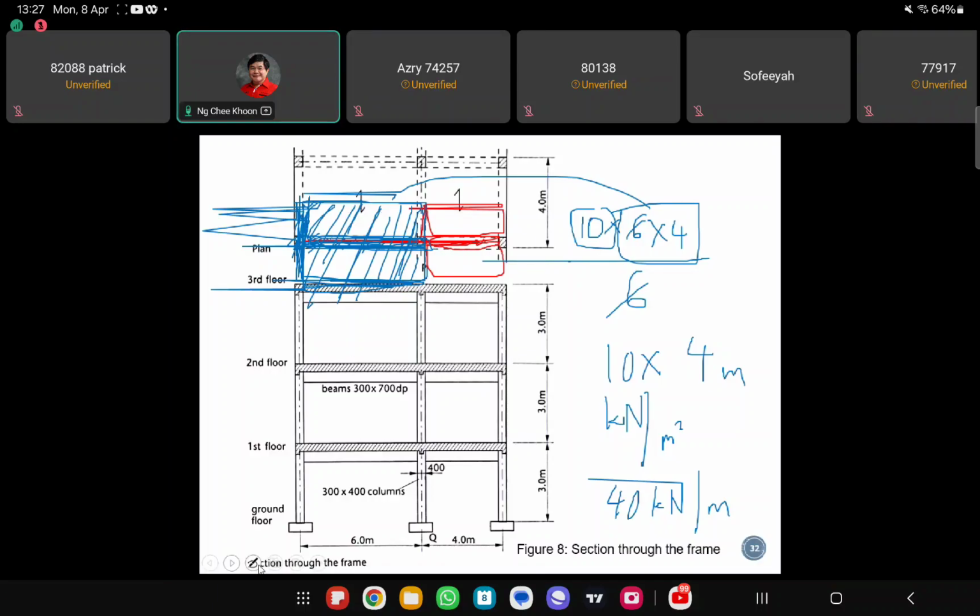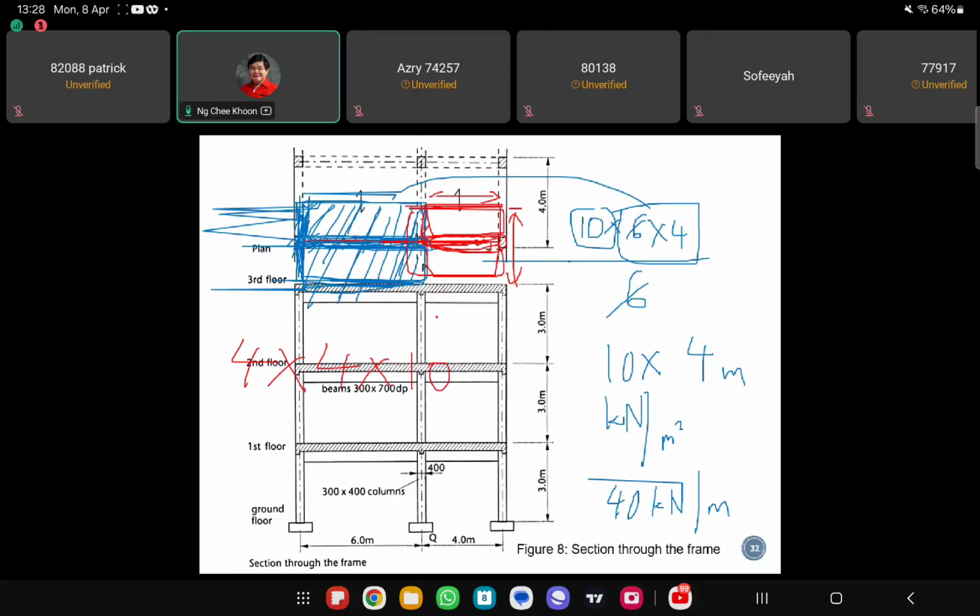If you calculate for the red color one, okay, it's also the same thing, okay? So the GK transferred to this beam here is 4 meter in this direction times 4 meter in this direction to get the area. So it will be 4 times 4 and then multiply by the area load of 10.